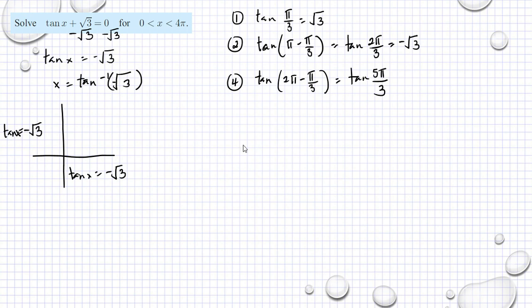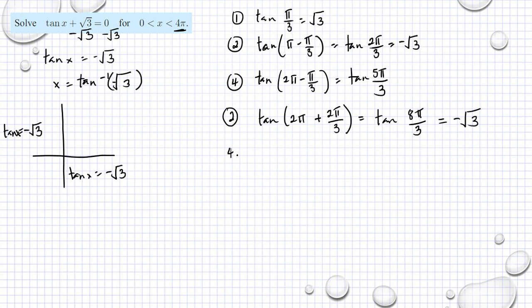And since we are going up to 4 pi, then we have the second revolution. So we have another second quadrant. Then we have tangent of 2 pi plus 2 pi divided by 3, that is tangent of 8 pi divided by 3, and I hope that is negative square root of 3.